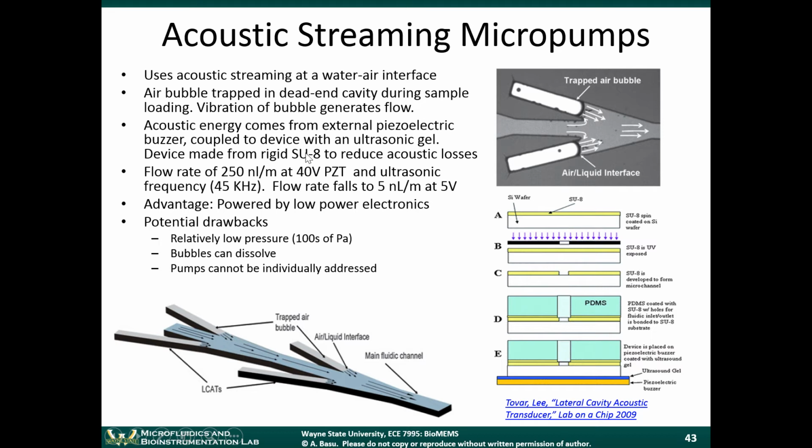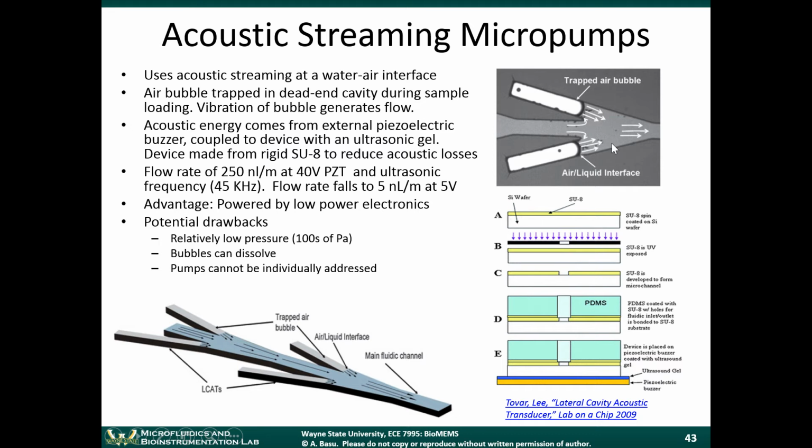And it's coupled to the device with an ultrasonic gel. Now, if you just push the buzzer into the device, you won't get as good coupling. The ultrasonic gel is similar to what's used when you're monitoring pregnancies. It's an acoustically matched gel that prevents some of the acoustic reflections from going back into the transducer itself. So the vibrations go into the chip with a higher efficiency.